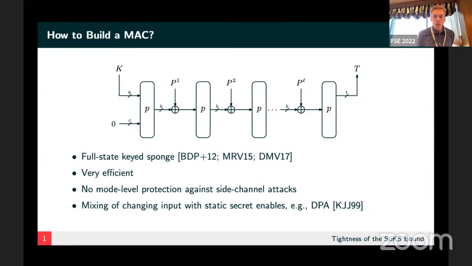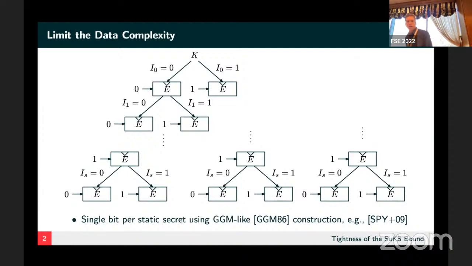One way to solve this is a famous approach, which I think stems back to the Goldreich-Goldwasser-Micali approach. The idea is that you start with a secret key, and then you take an IV or a nonce, and look at the first bit of the nonce, whether it's a 0 or a 1, and based on that, you proceed on the tree.